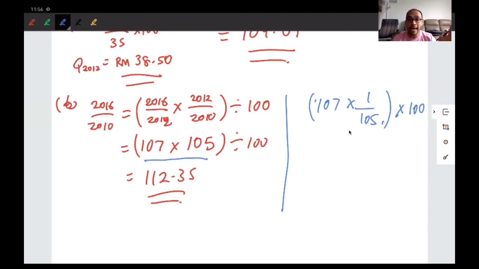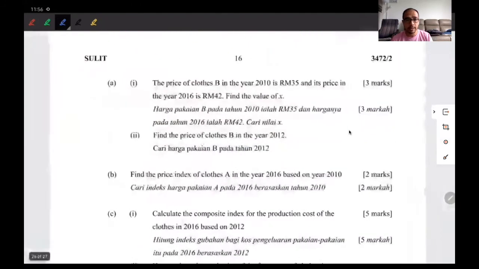Okay, this is a hack, okay, I wouldn't recommend this when I first teach, but this is just a hack, okay, just for you to remember. If you have to flip one of the index numbers, then the 100 you must multiply. If you don't have to flip, then the 100 you must divide. Okay, you must divide.